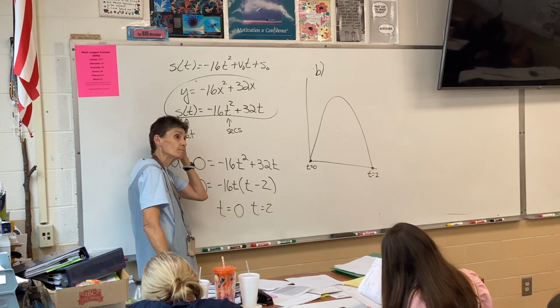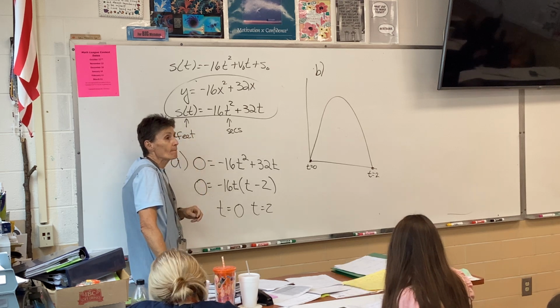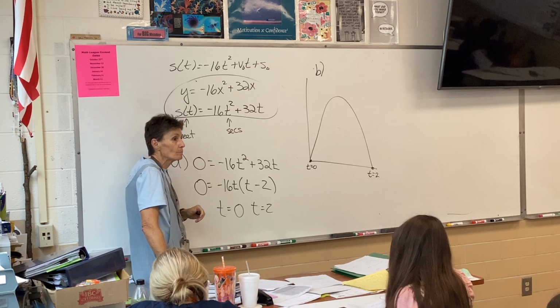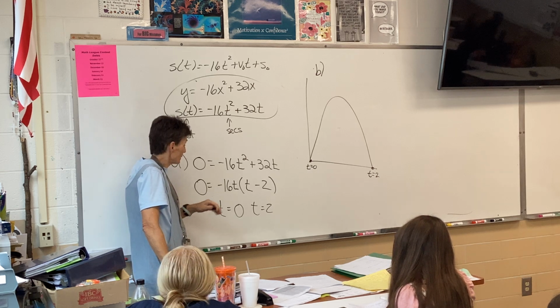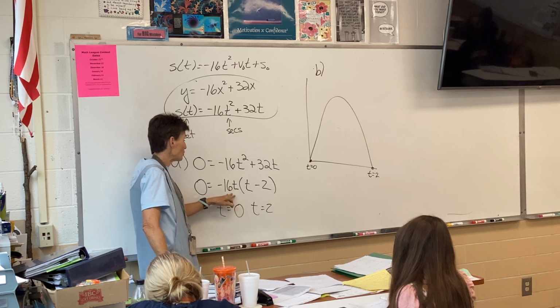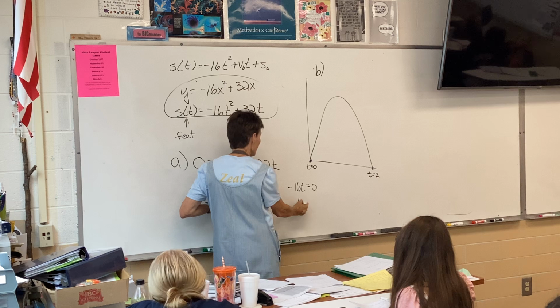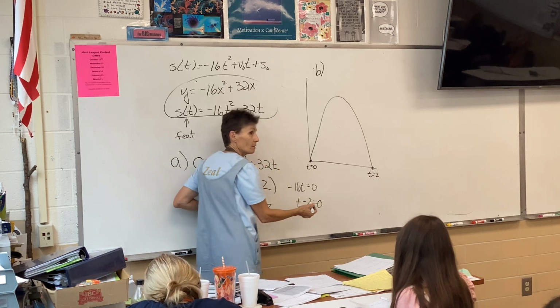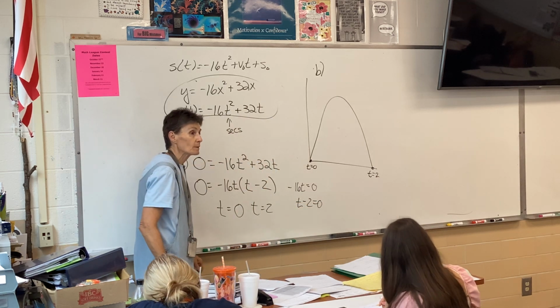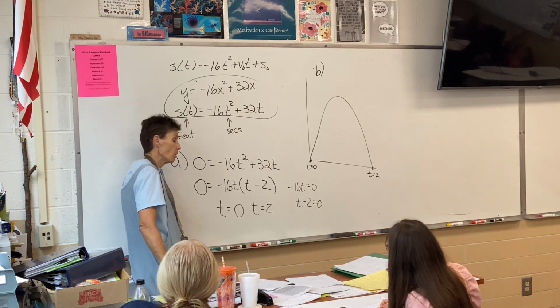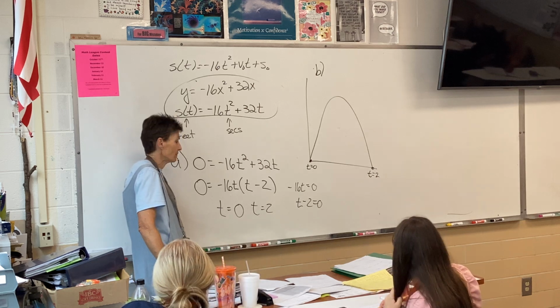Solomon? I have a question. Yep. How did you get 0 and 2 from the negative 16t? Remember, after you factor, you set them equal to 0. So negative 16t equals 0, and t minus 2 equals 0. So I solved them. Yeah, it's a regular solving situation. It's nothing new and different.